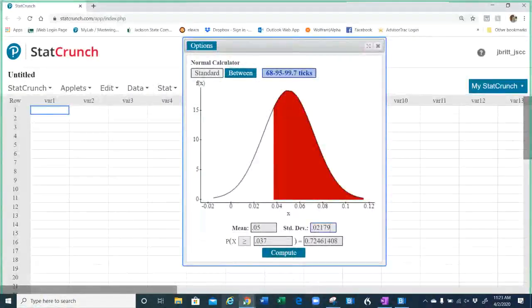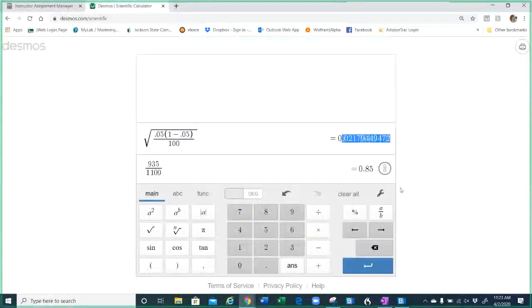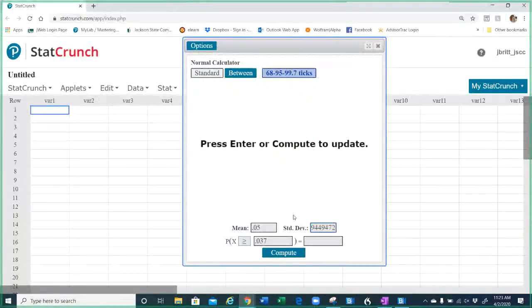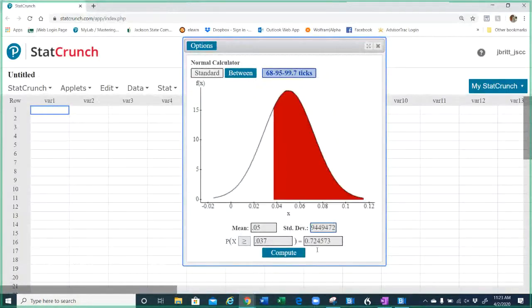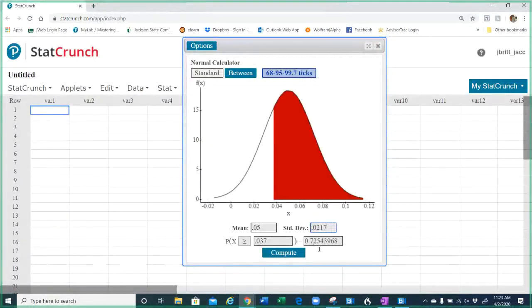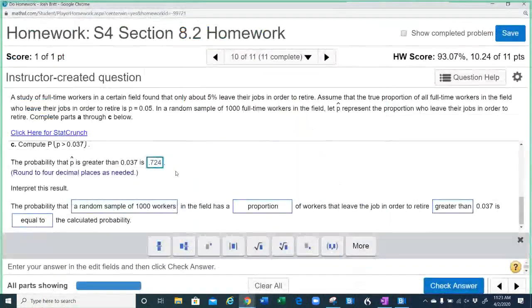I tell you what, let's see what we get if we use them all here. We get 0.7245, we still get 0.7246. So let's try 0.7254, let's try 0.7254. See what we get.